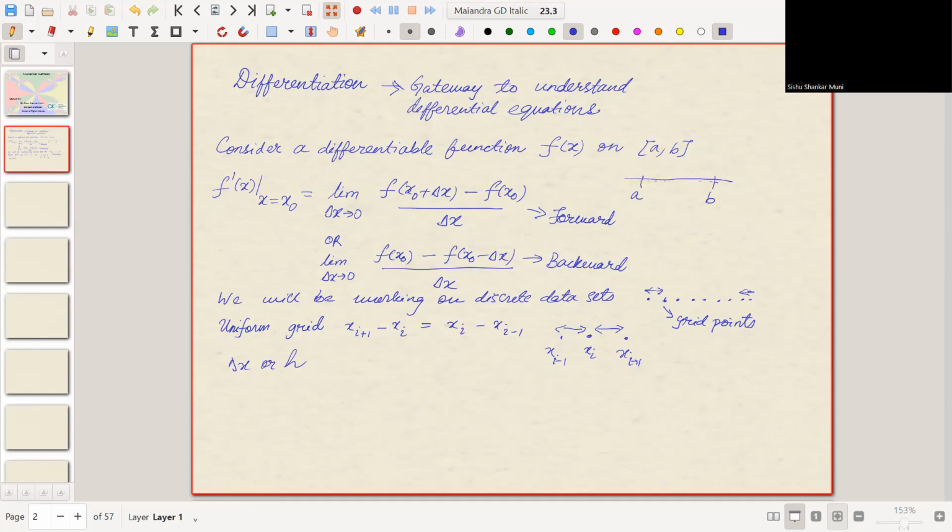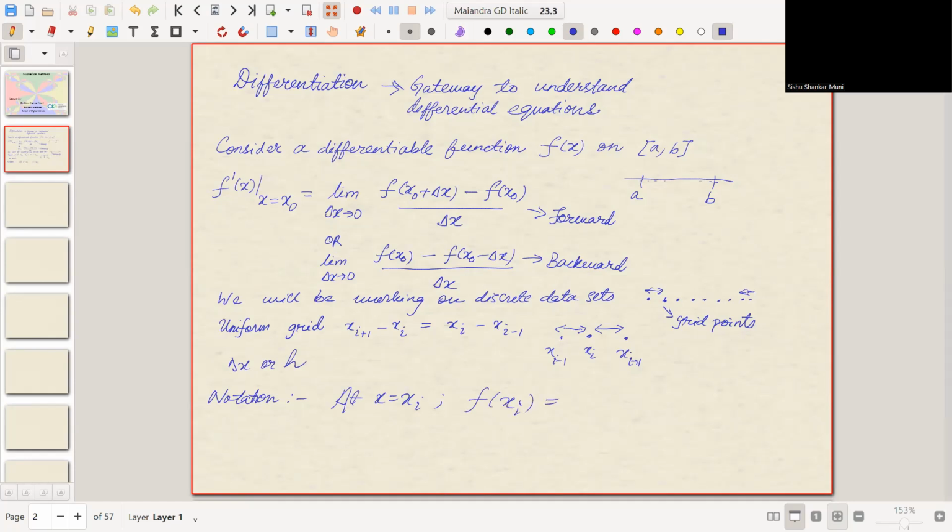We will have another notation. At x equals x_i, we will evaluate the function f. What will it be? f of x_i, isn't it?